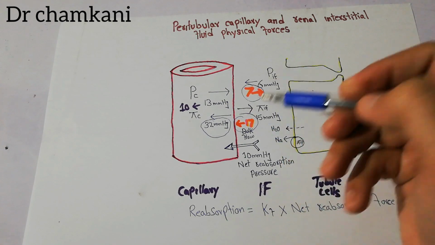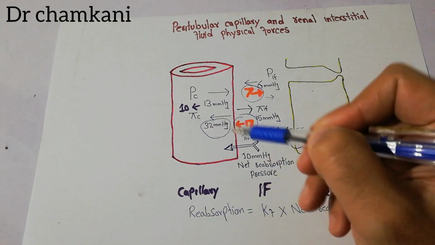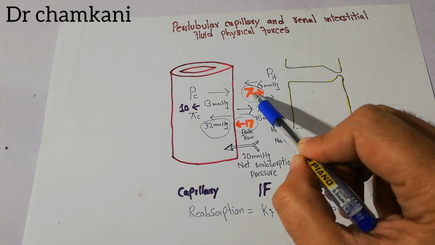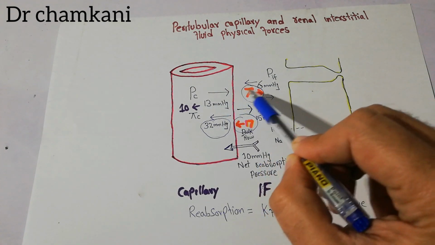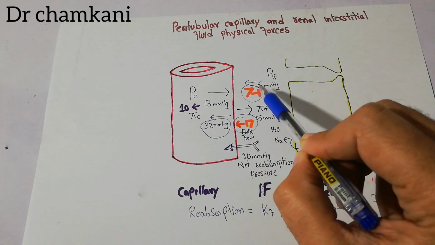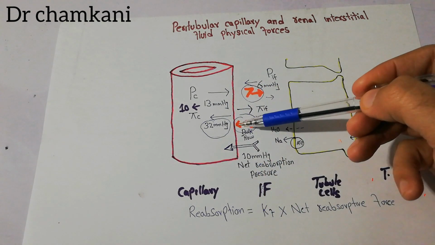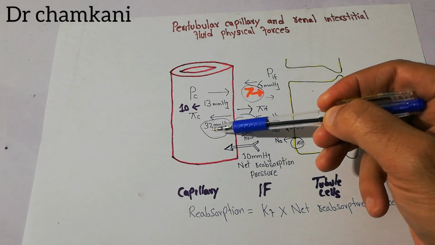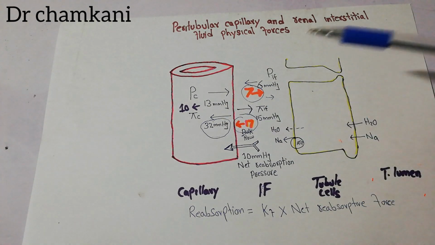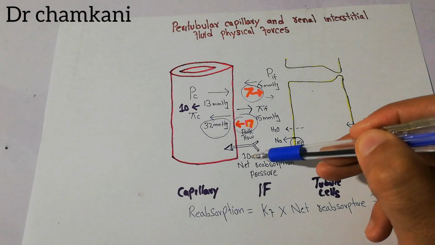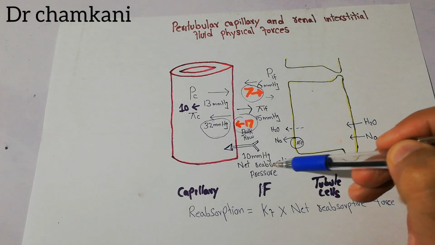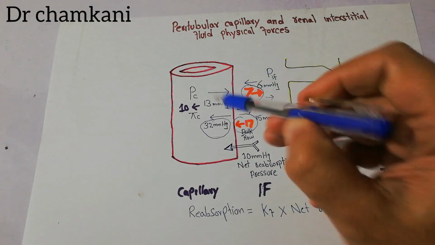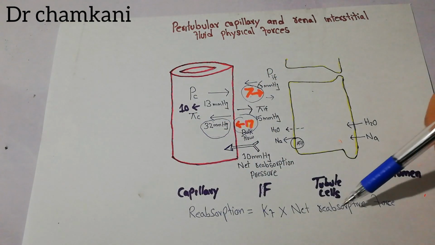So the hydrostatic pressure was a net force of around 7 millimeter of mercury away from the peritubular capillaries, and the colloid osmotic pressure is 17 millimeter of mercury towards the peritubular capillaries. So 17 minus 7 is 10 millimeter of mercury net reabsorptive pressure, and this is the net reabsorptive force.